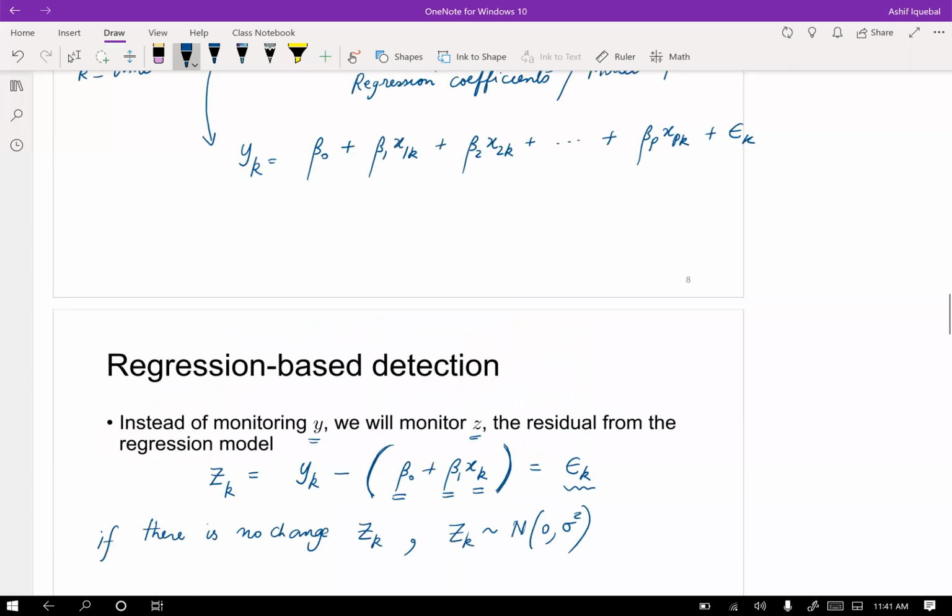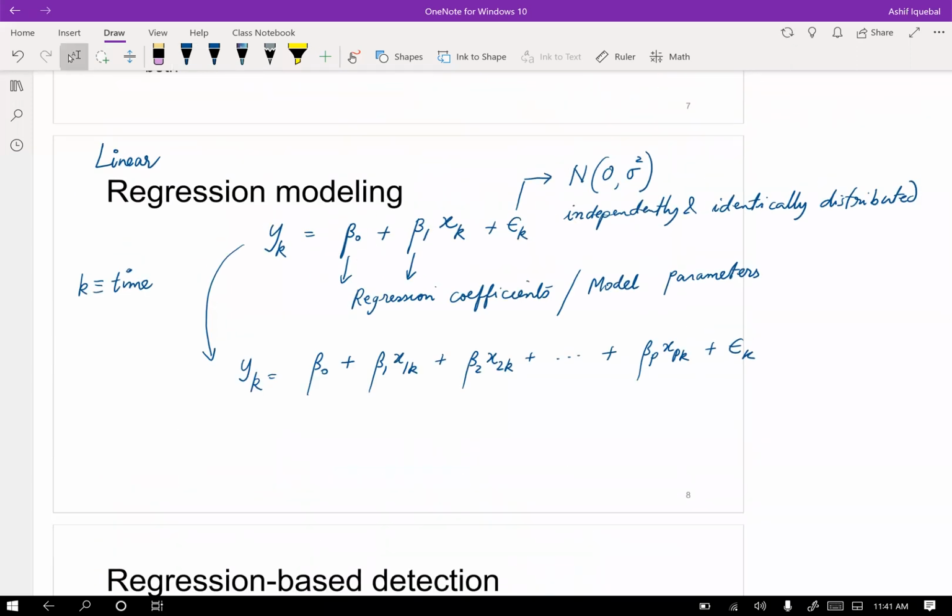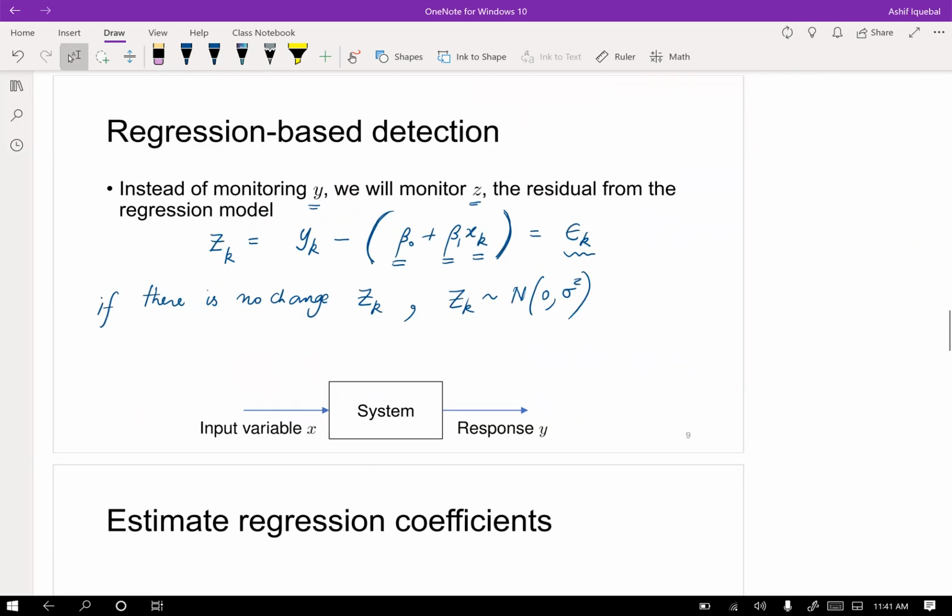This is what we assumed, right? But if there is a change in zk, zk will deviate from this distribution.